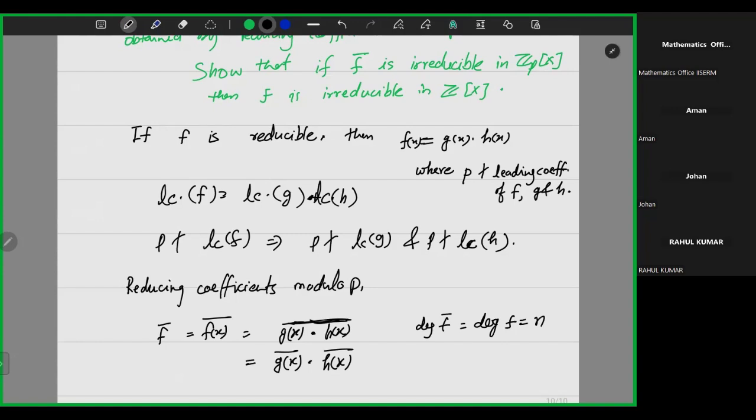Which is n, since the leading coefficient is non-zero, as P does not divide the leading coefficient of F. And initially, because F is factorized like this, degree of F is the same as degree of G plus degree of H. Let me add extra pages here.